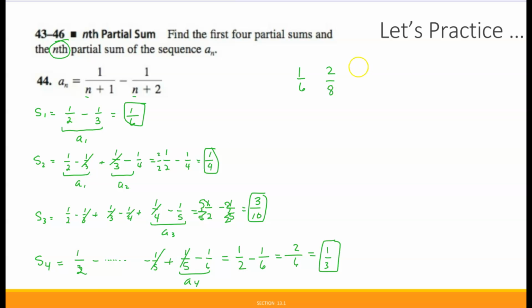This would be 3 over 10. This is going to be 4 over 12. See how I'm not wanting to write the reduced fraction, because I want to figure out a pattern. If this is 1/6, 2/8, 3/10, and 4/12, the next one would be, what would we guess? 5 over 14.